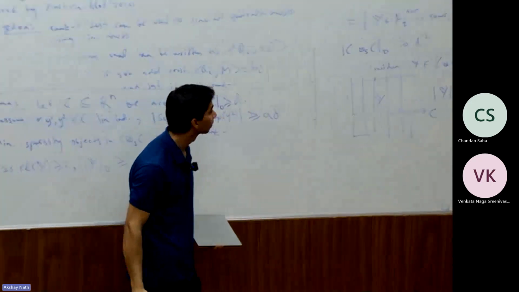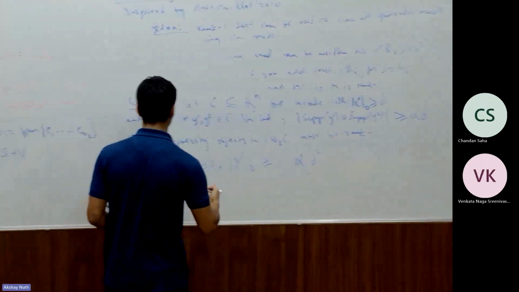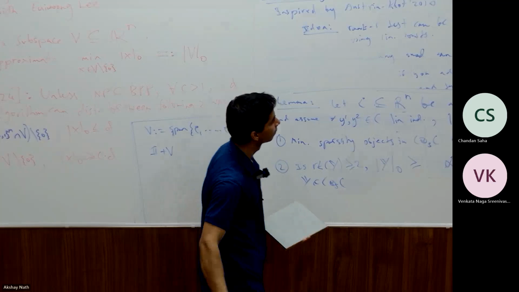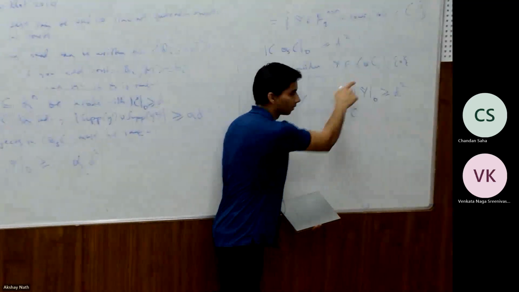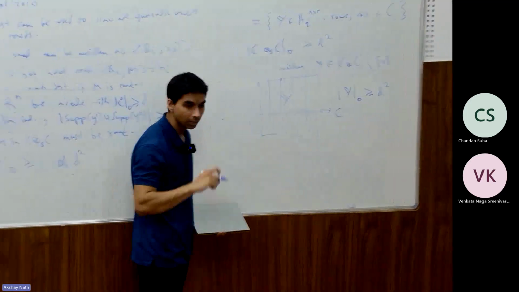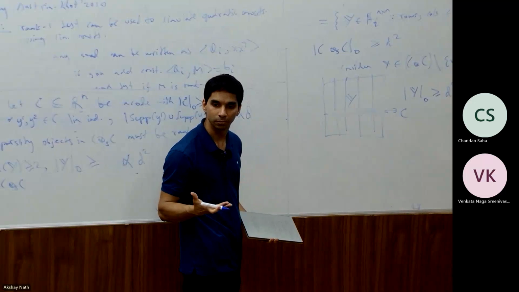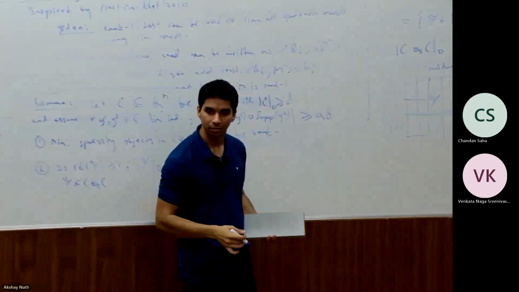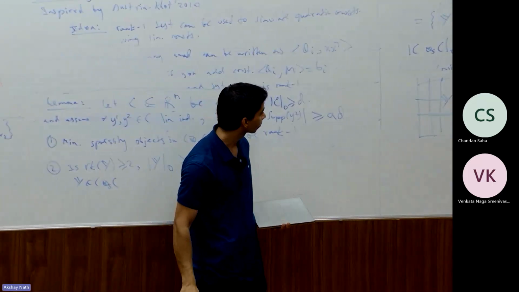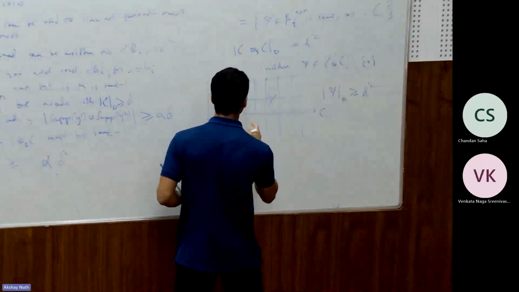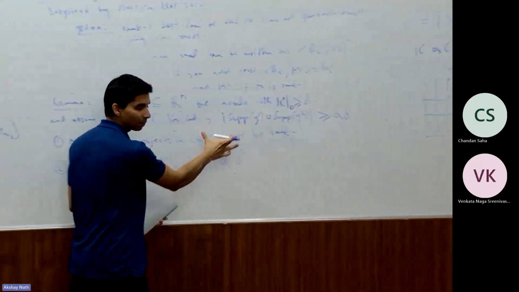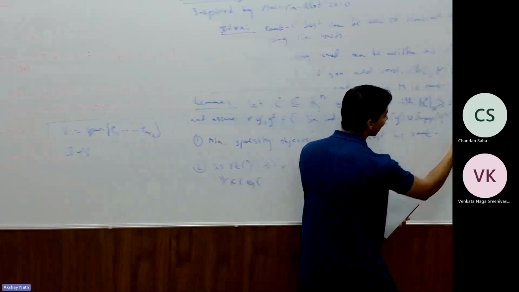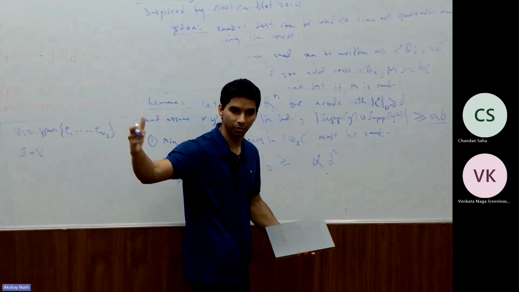Start with some non-zero y in this code. If its rank is at least 2, there are at least 2 non-zero rows in y. By the overlap property, between those 2 rows you have at least alpha d distinct positions where they're non-zero.